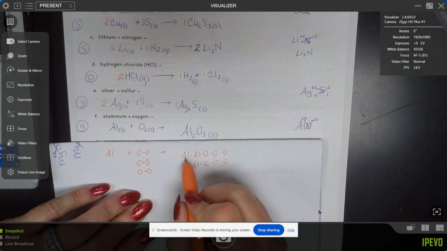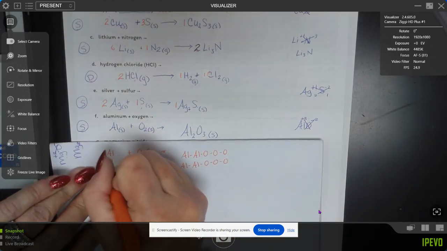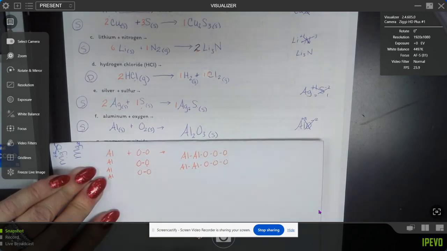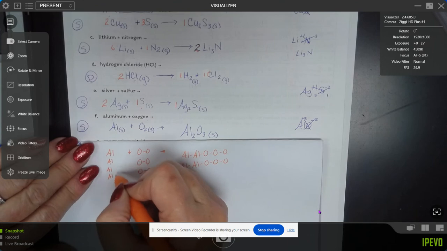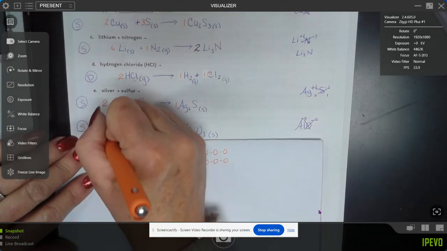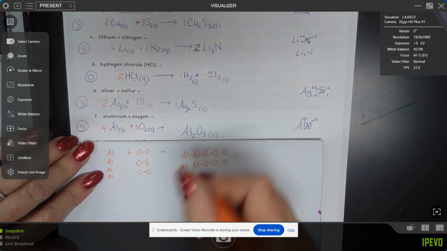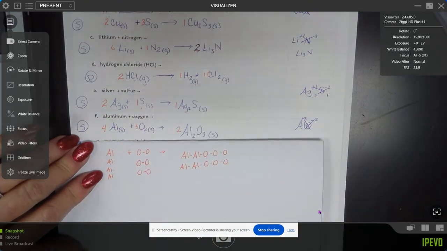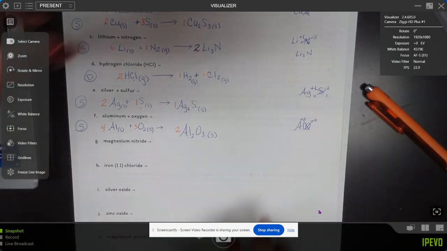And how many aluminum do I have? 1, 2, 3, 4. So if I draw 3 more aluminum, now I'm balanced. That means my coefficients are 4 aluminum, 3 oxygen, and 2 Al2O3. All right. Hopefully this is starting to get easier.